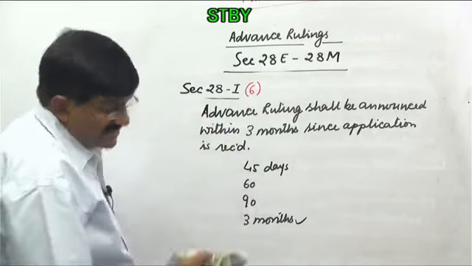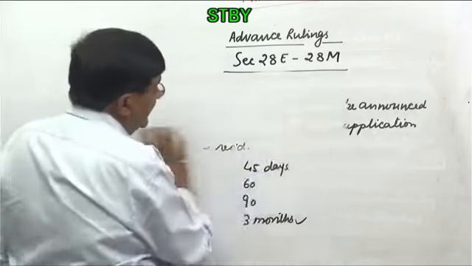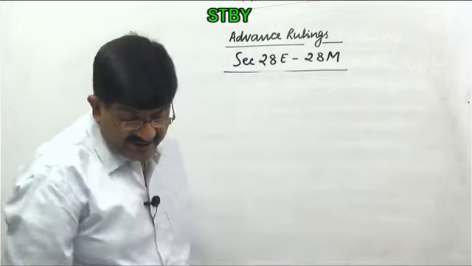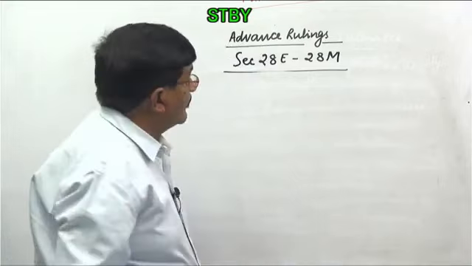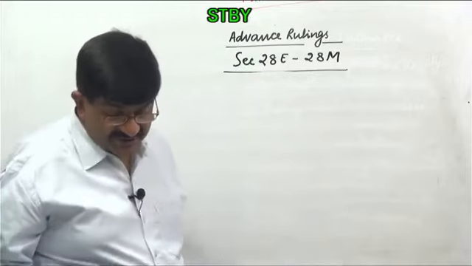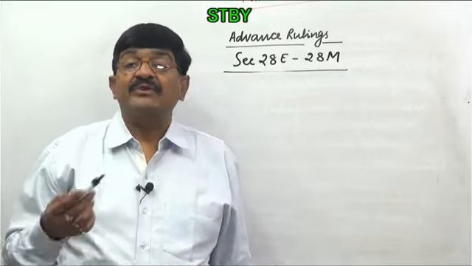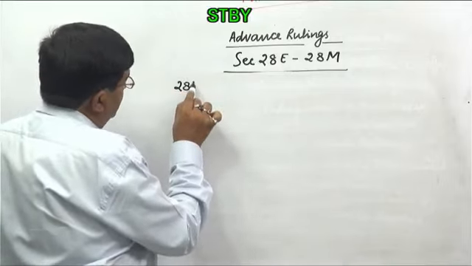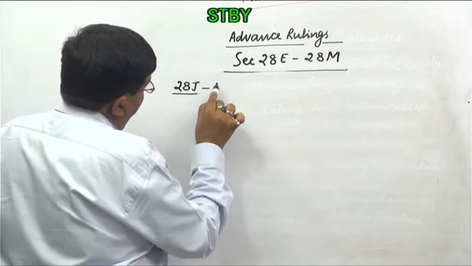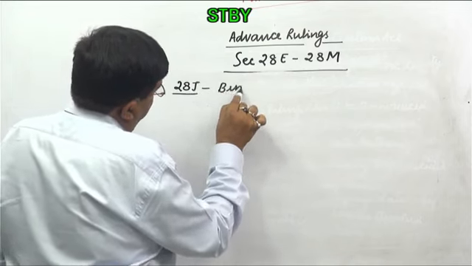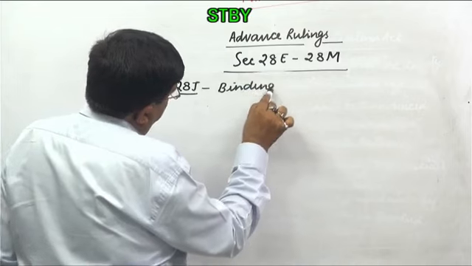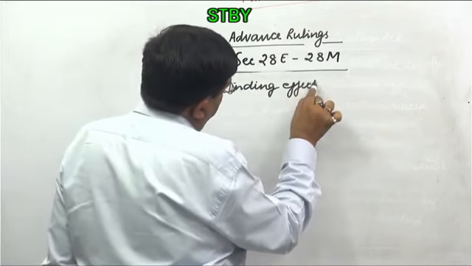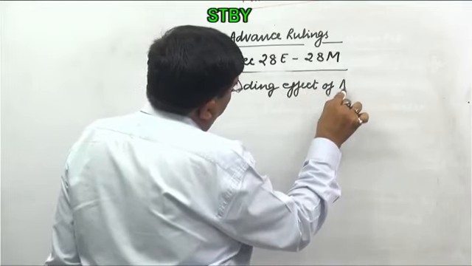Okay. Now, once this is announced, we move to the next section, and that is section 28J, and that is talking about the applicability of advance ruling. Rather, if I change the wordings, I can say binding effect of the advance ruling. So, section 28J, this is binding effect of advance ruling.